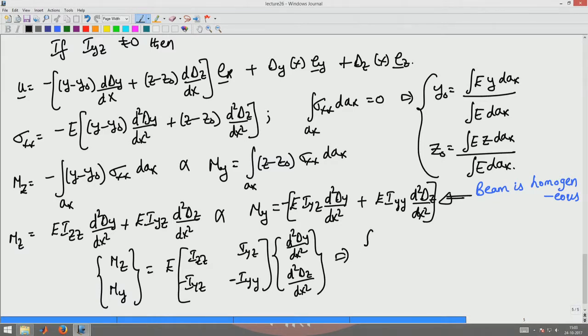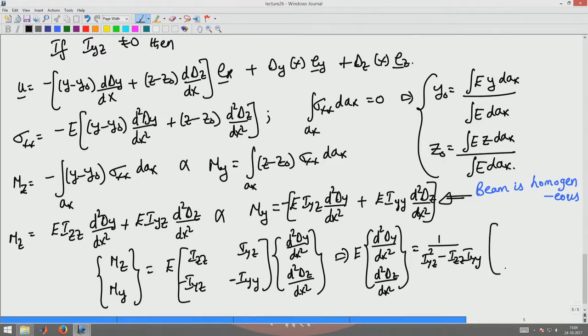From here I get d square delta y by dx square, d square delta z by dx square, into E, is 1 by (I_yz squared minus I_zz I_yy) into the matrix minus I_yy, minus I_yz; minus I_yz, I_zz into M_z, M_y.